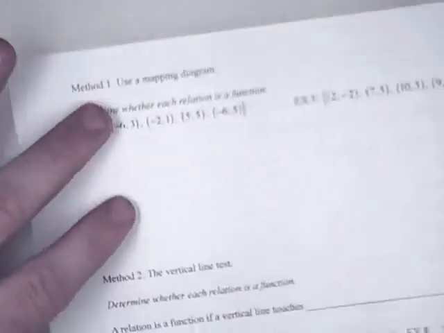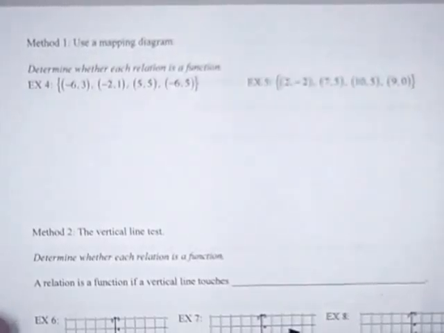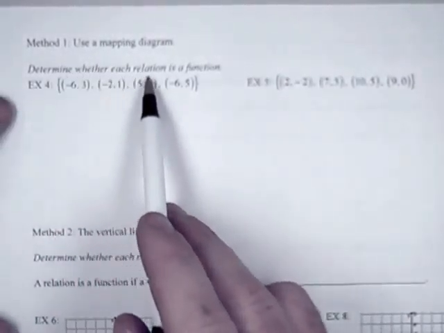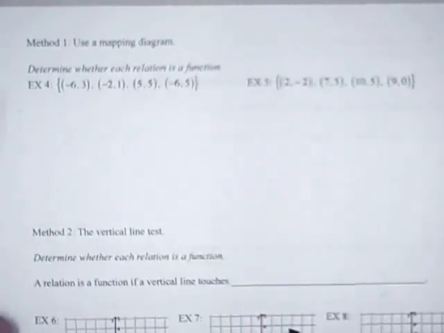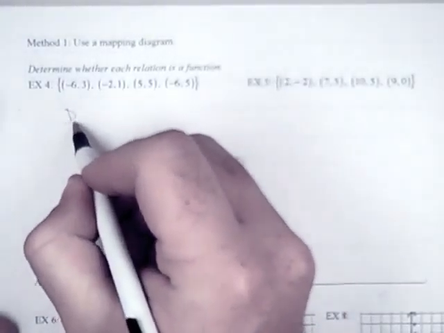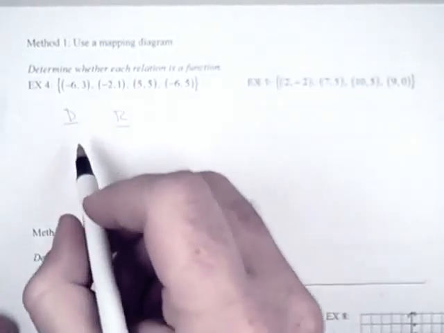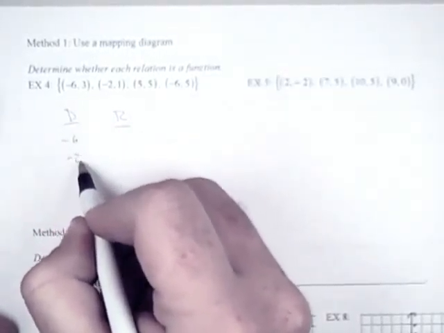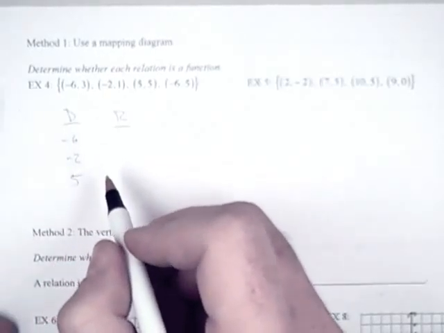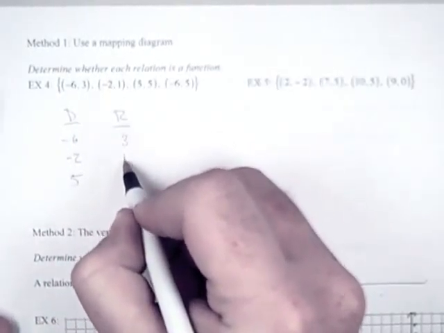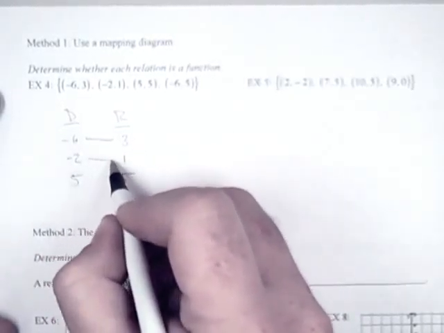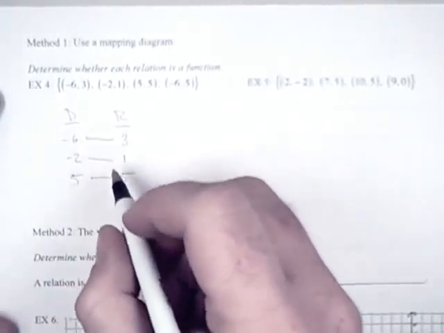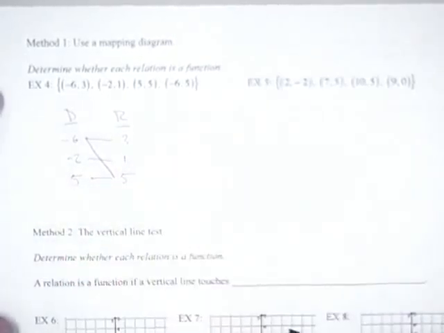Go ahead and flip over. In order to determine whether a relation is a function, when we're given a list of ordered pairs, it's best to make a mapping diagram. So domain and range, -6, -2, 5, and -6 again, 3, 1, and 5. -6 to 3, -2 to 1, 5 to 5, and -6 down to 5 as well.